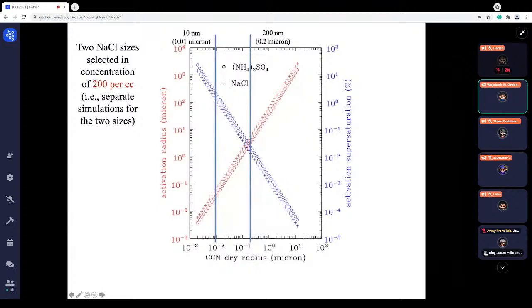They just follow the flow and grow. And then the smaller ones, as you can see, require really high supersaturation for activation, in excess of a few percent. So just as an example, these two sizes.